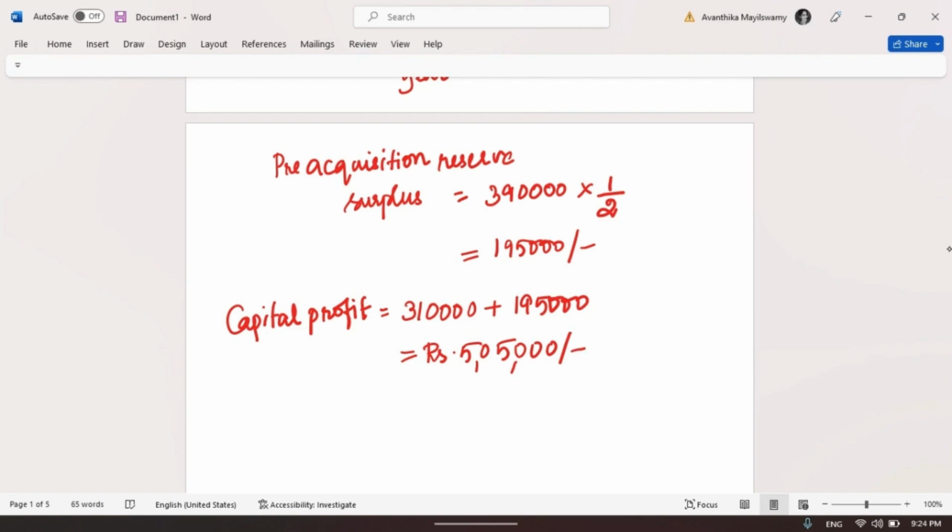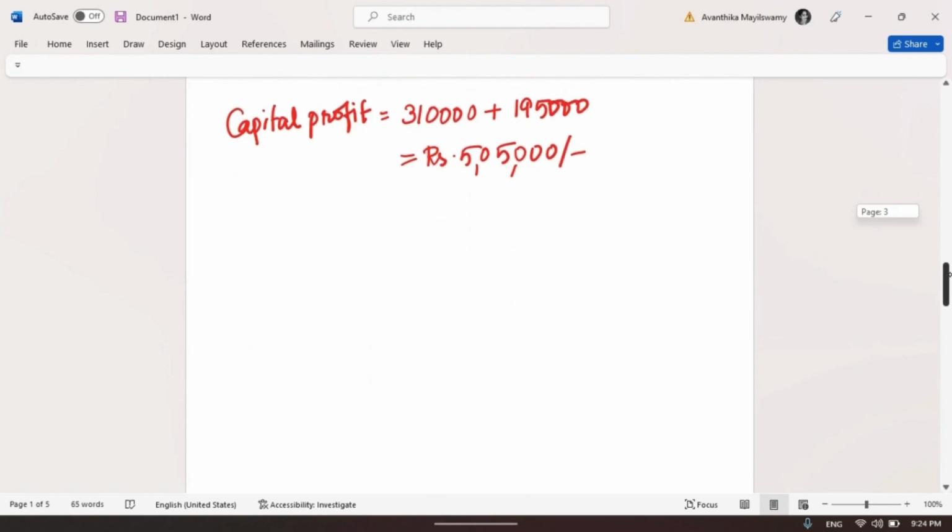So this is nothing but the pre-acquisition profit, which is earned by this particular institution before the acquisition of the Y Limited.